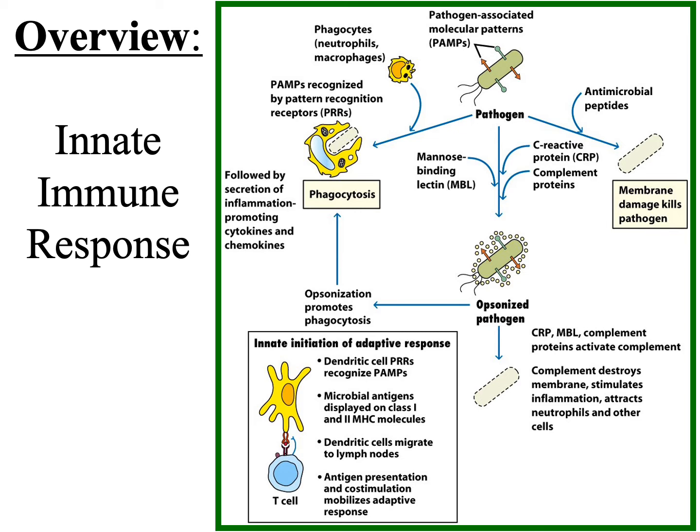It also includes activation of the complement system, activation of the adaptive immune response, but more importantly, it is the identification and the removal of foreign substances that is the main function overall of the innate immune response.